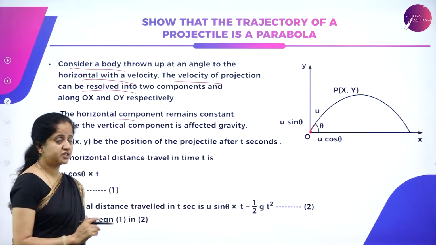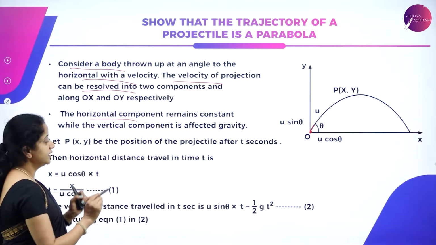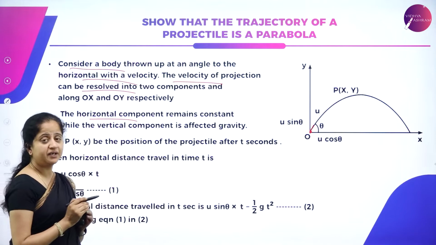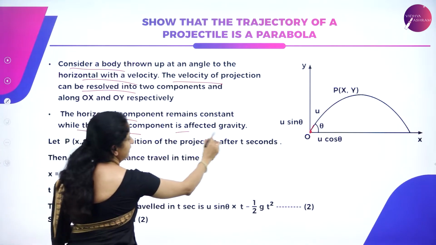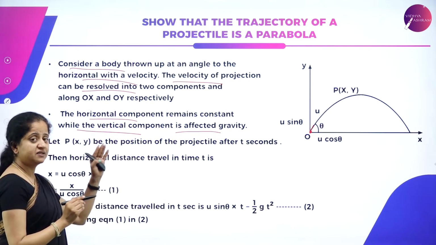In projectile motion, the horizontal component remains constant, but the vertical component varies. At maximum height, the vertical component is 0. The vertical component is affected by gravity from point to point.